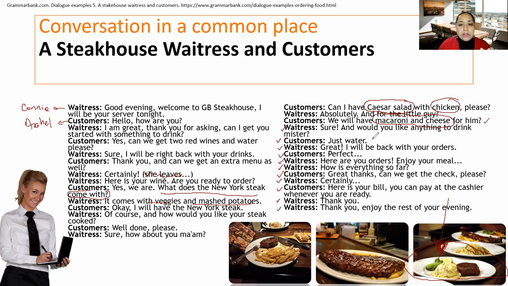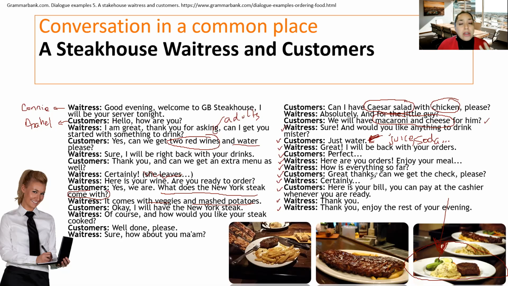And then what about to drink? Because at the beginning, he asked for 2 red wines and water. But for the little kid to drink, the red wine is only for adults. For kids, just water. Because you can ask for juice, you can ask for sodas. But then, no, just water.